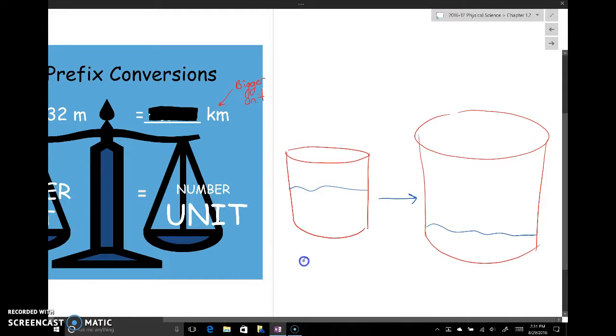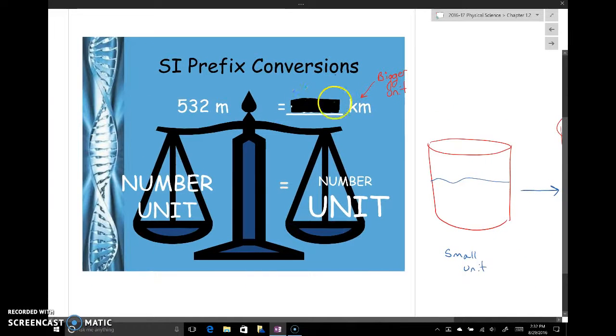So this is my small unit with a high water level, and this is my large unit with a low water level. So we're expecting a smaller number.